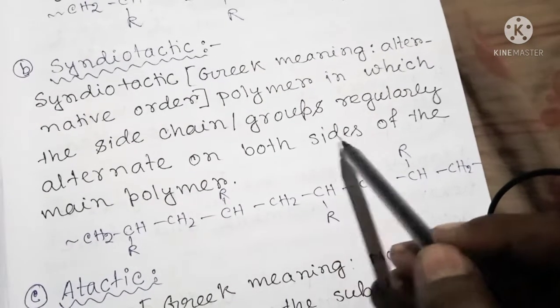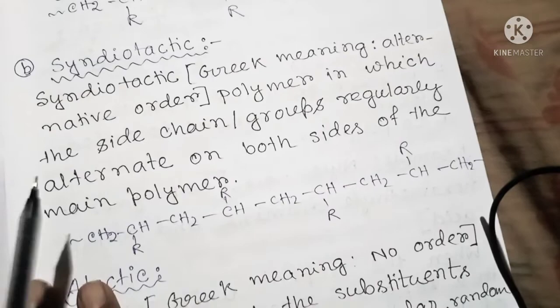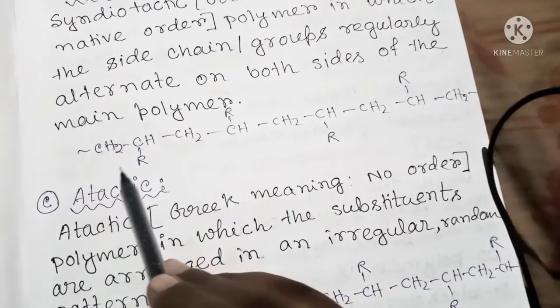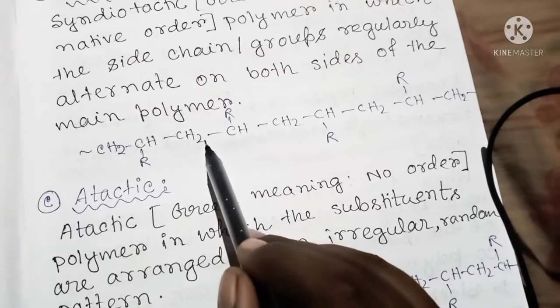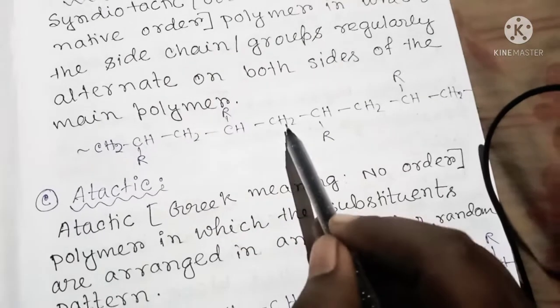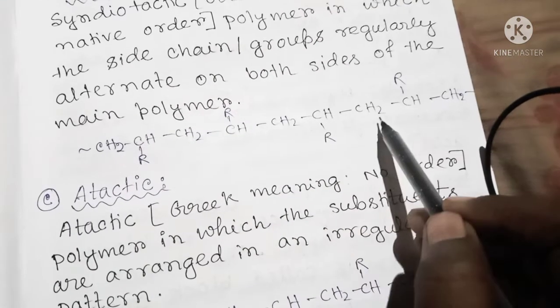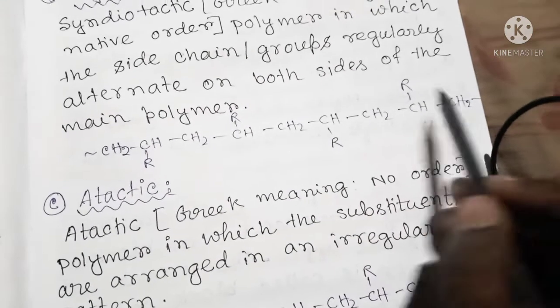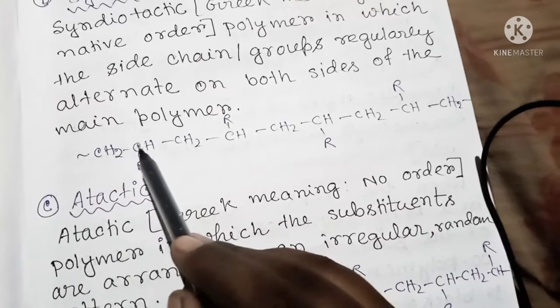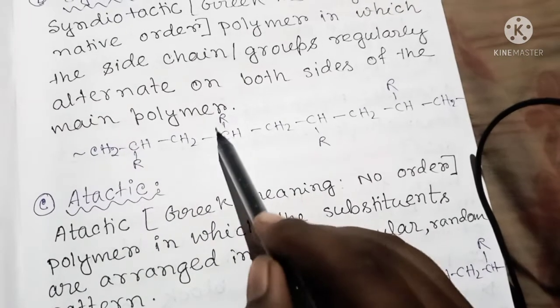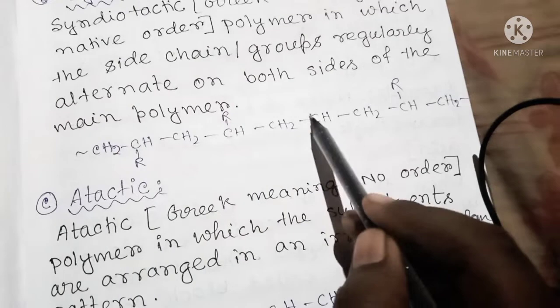CH2, CHR, CH2, CHR, CH2, CHR, CH2, CHR, CH2. Here the groups or chains are in alternate order. So these are called syndiotactic polymers.